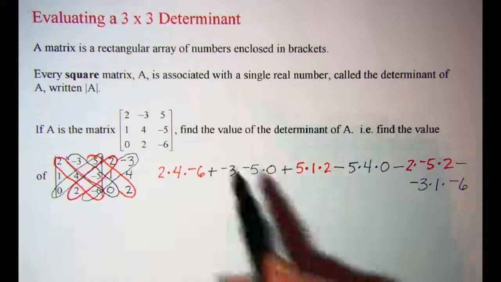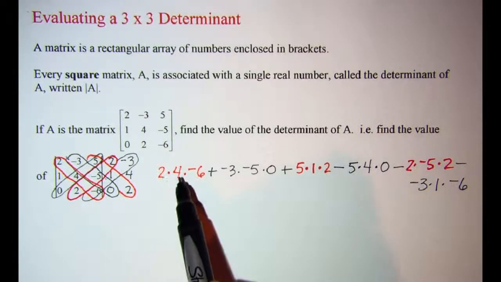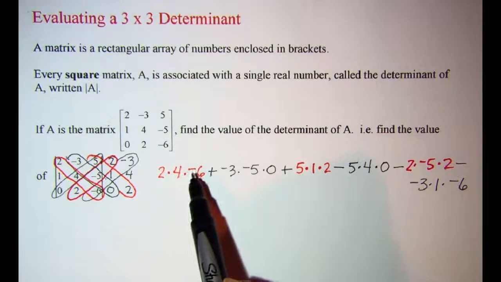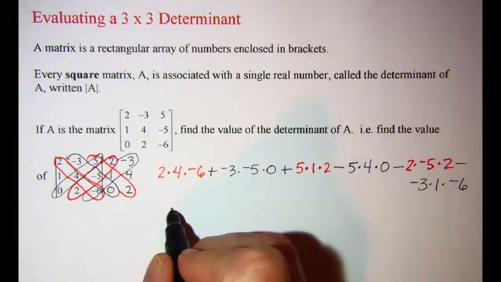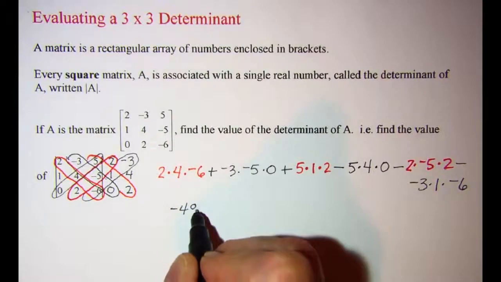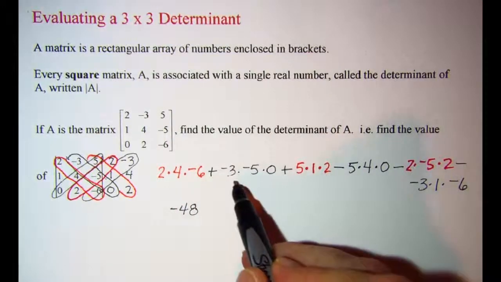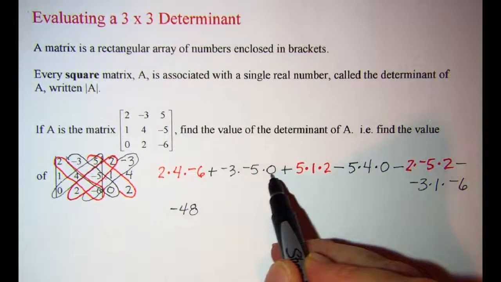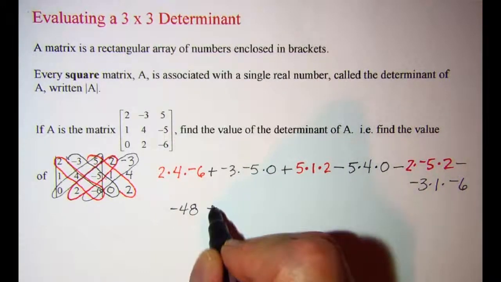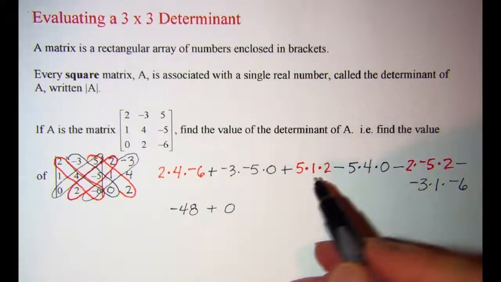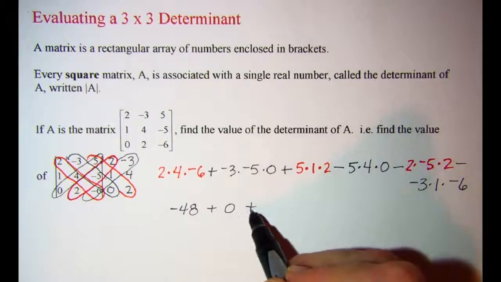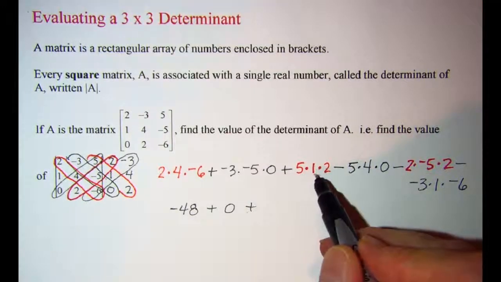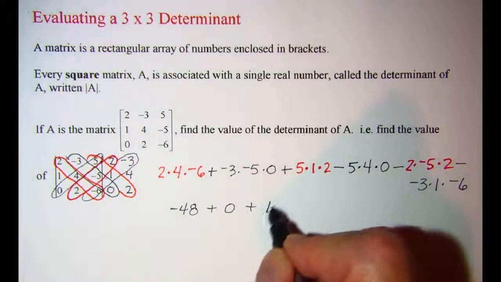So now we're just going to do the math. 2 times 4 is 8, times -6 will be -48. This product is 0. This product, 5 times 1 times 2 is 10.